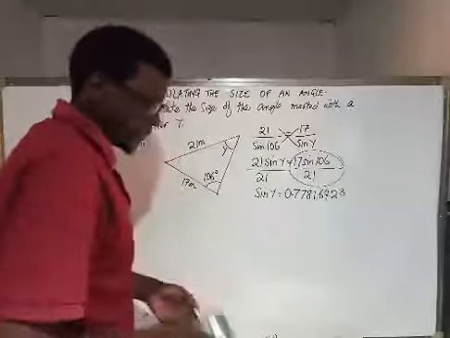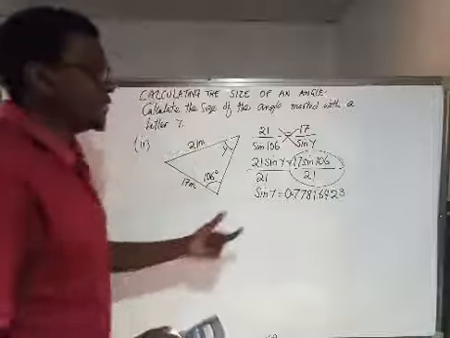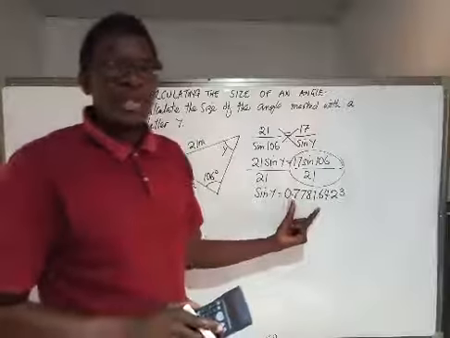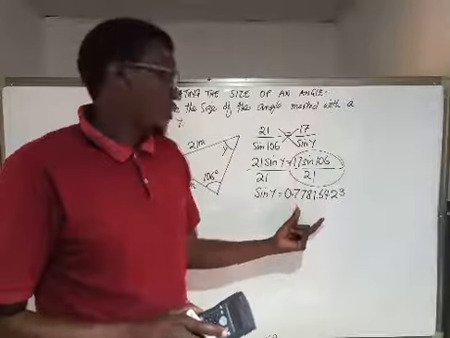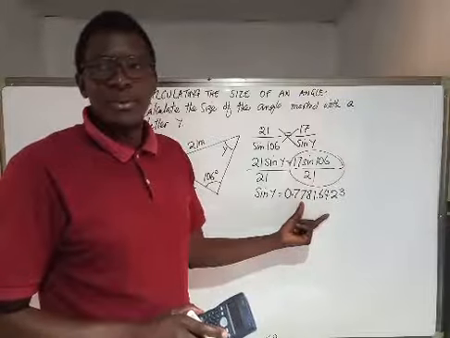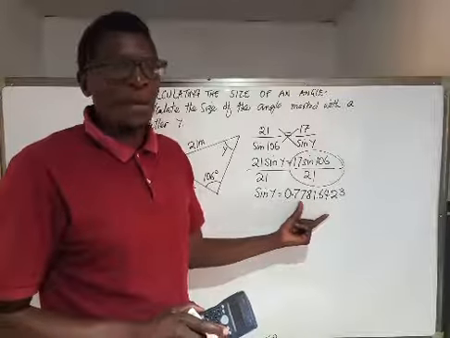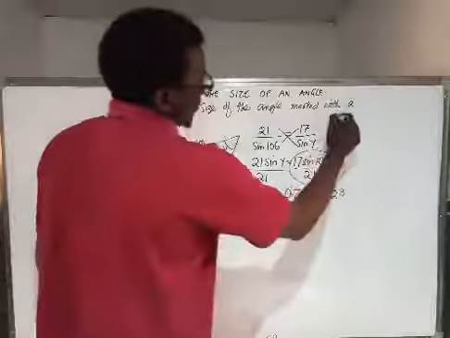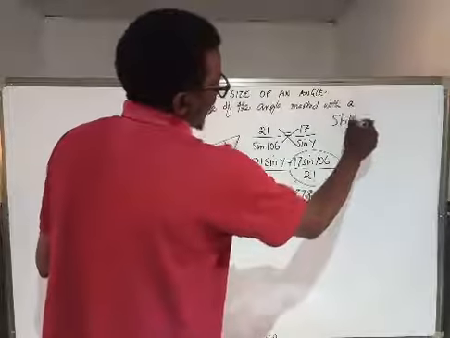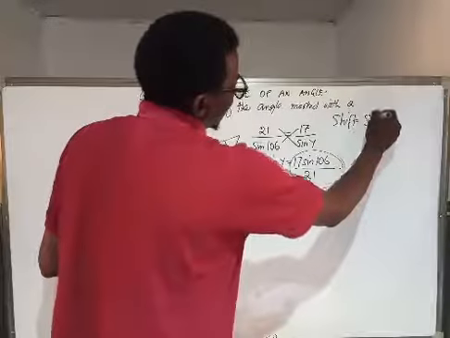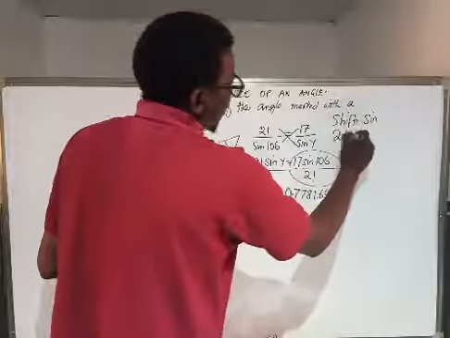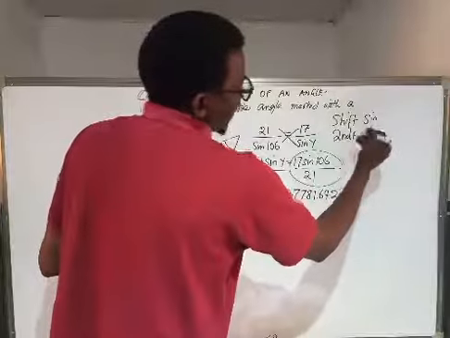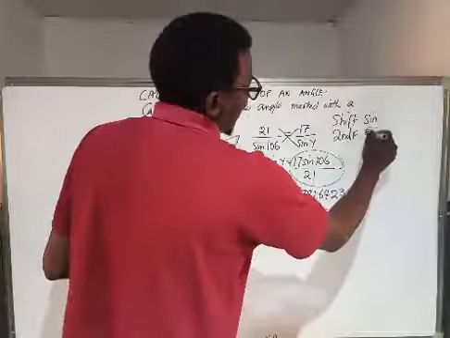0.77886423. Okay? Once you have this value, we shall now convert it to an angle. How do we convert? Punch the button shift sine, or with those with a Sharp calculator, second function sine.